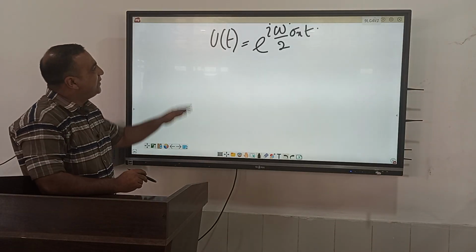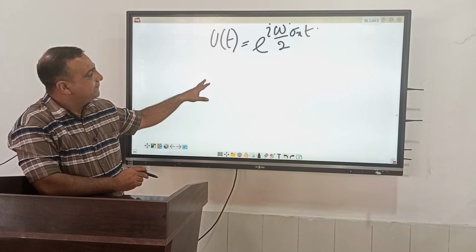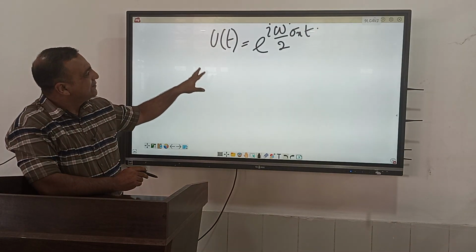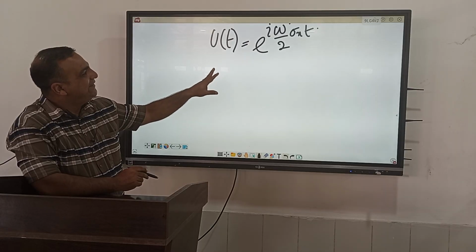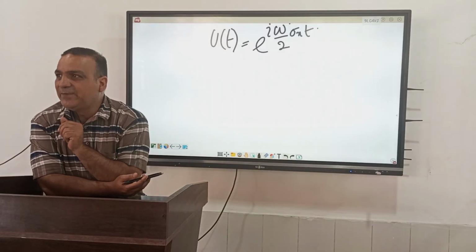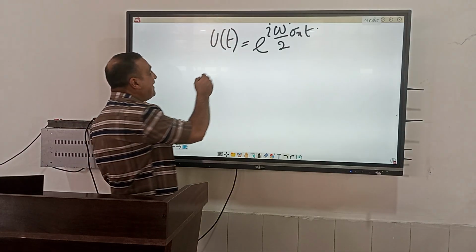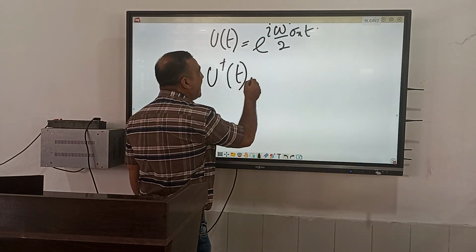So this is my unitary transformation operator. Okay? And this operator is equal to e to the power of i omega sigma x t by 2, where sigma x is your Pauli spin matrix along x. Right? Now, if I have to take its adjoint, what will that be?